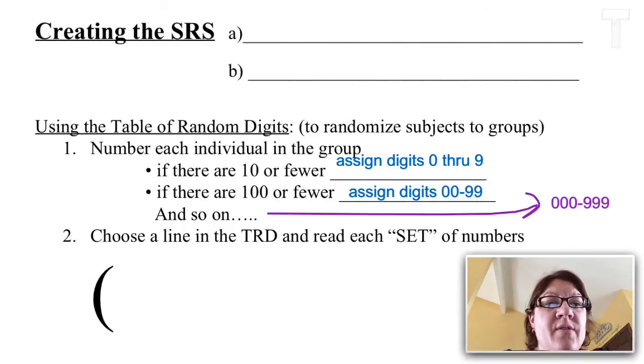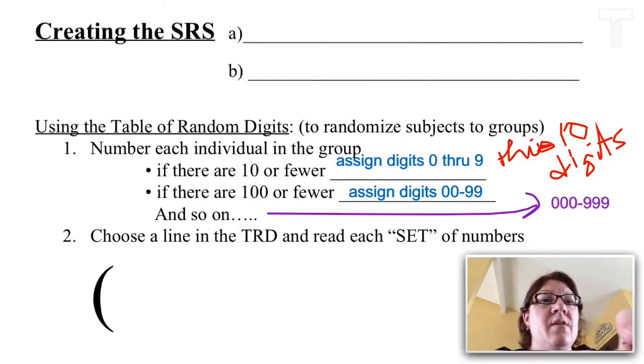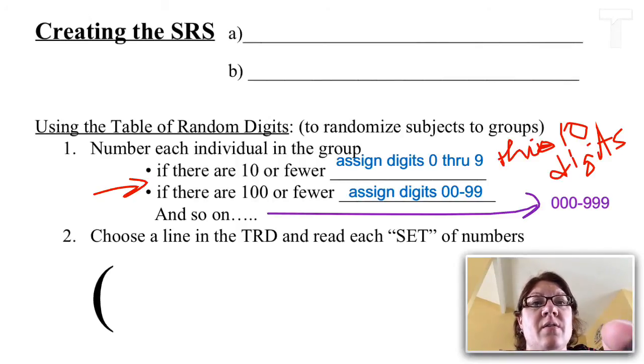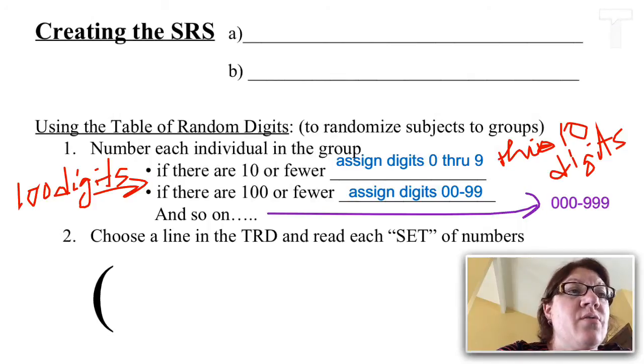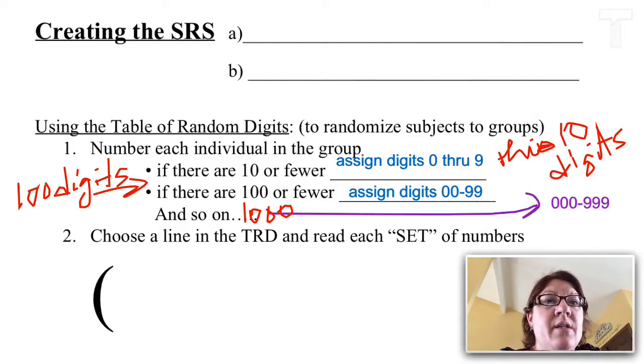Keep in mind, that is 10 digits, because 0 would count as one, and of course this is 100 digits, because I'm counting the 00 as a pair, and so on. So the next group I would do 000 to 999 for 1,000, and so on. And then I'm going to choose a line in this table of random digits.